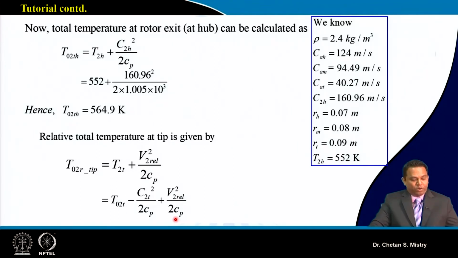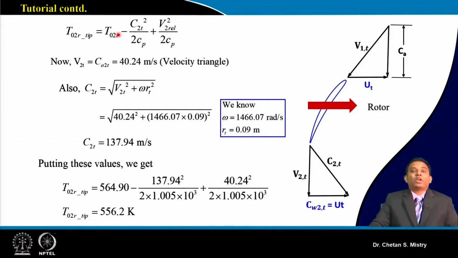Now in the tip region we have calculated our total temperature. We have our axial velocity known to me, so V2 at the tip is known. I can calculate C2T, that is my absolute velocity at the tip. What is given to us is our relative angle beta equal to 0 at the exit. In that case, at the tip also I can have this right angle triangle.